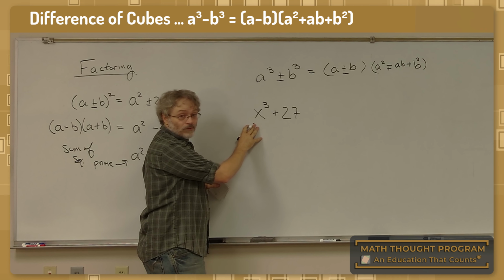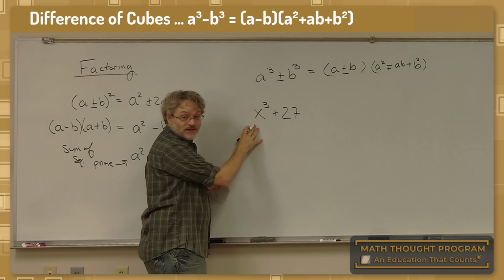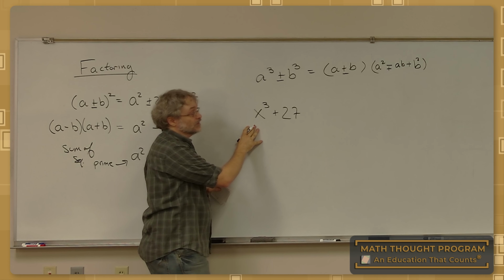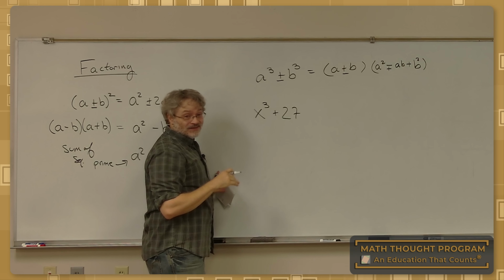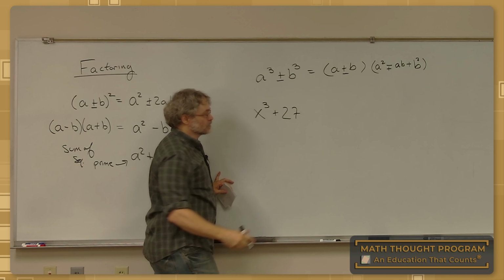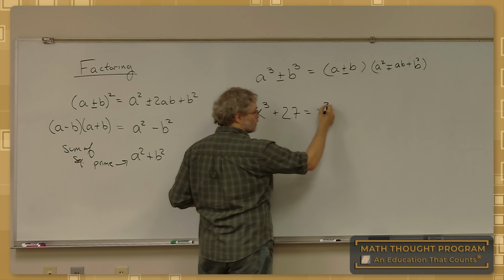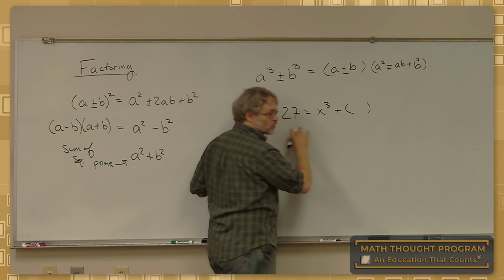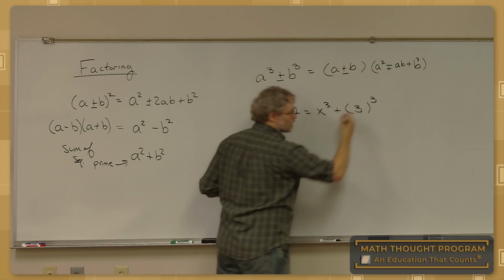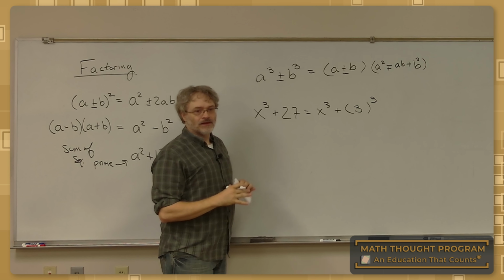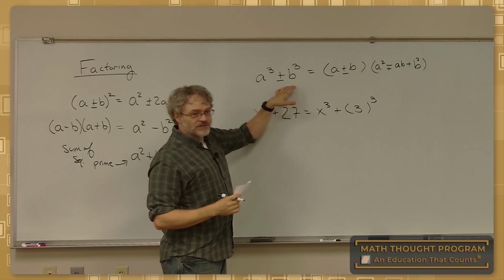So what I want to do when I see a cube is ask myself, is there a way to express it as a sum of cubes or as a difference of cubes? Because I can factor both of those polynomials. First thing is I might want to take 27, recalibrate it as 3 cubed. Identify that I'm going to be using this formula.